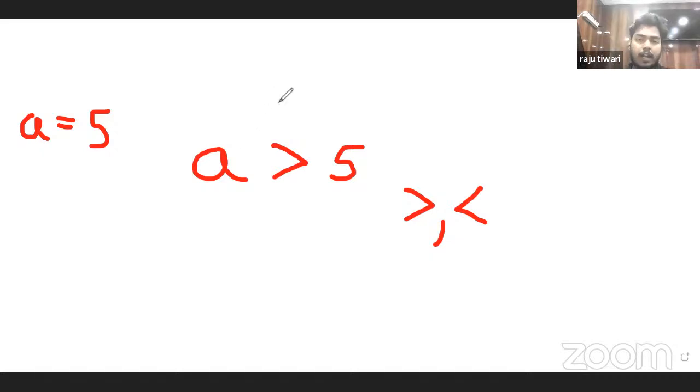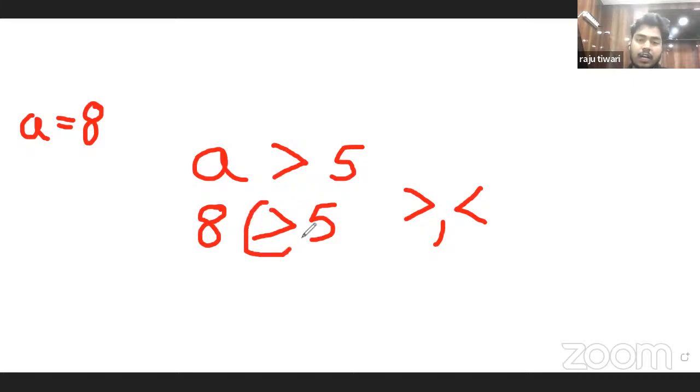So if I say a is equals to 8, now we will compare whether 8 is bigger than 5 or not. If it is bigger, the operator will say true to us. Now let's check it. 8 is bigger than 5. Yes, it is. So this greater than operator will give us true.